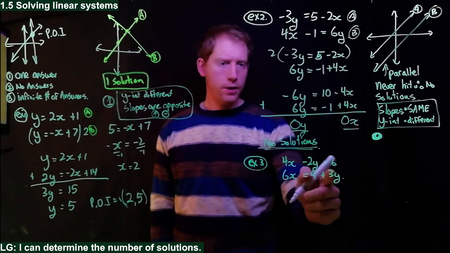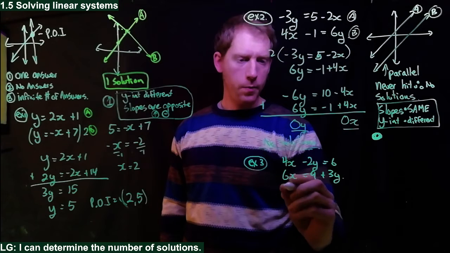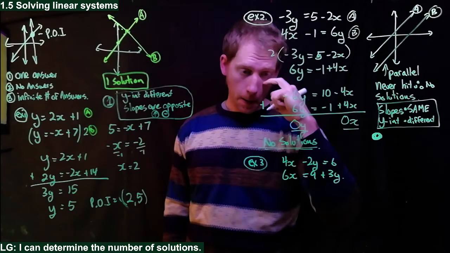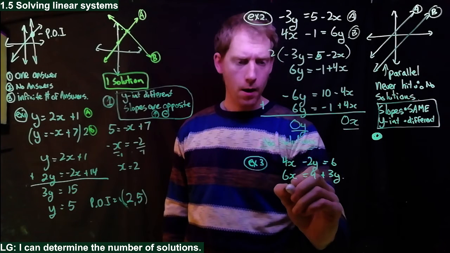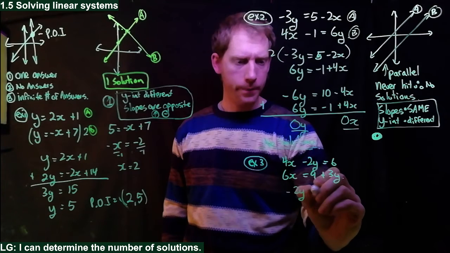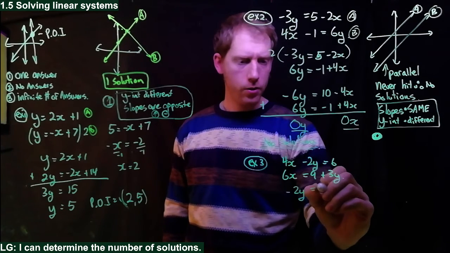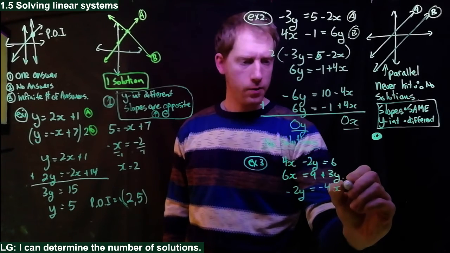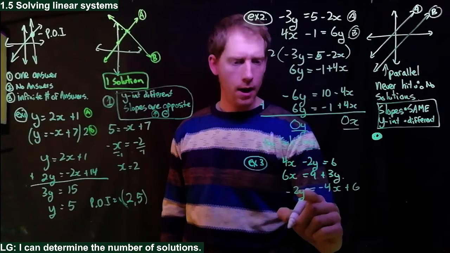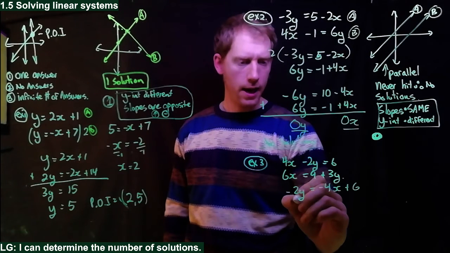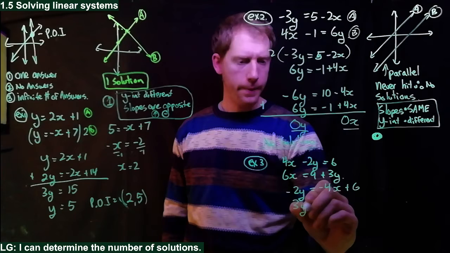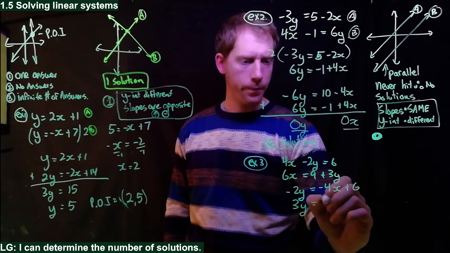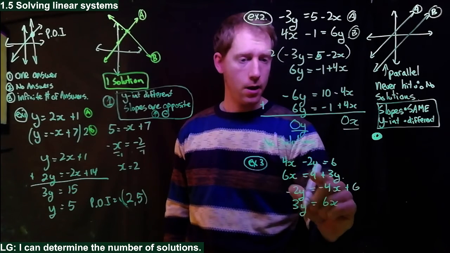Okay, I'm going to move my y's to one side and my x's to the other side. So I have negative 2y is equal to negative 4x plus 6. And then on the bottom here, I'm going to move this so I have 3y is equal to 6x minus 9.